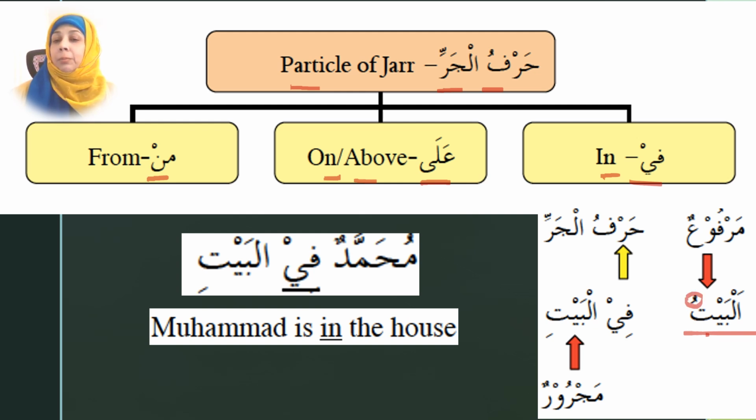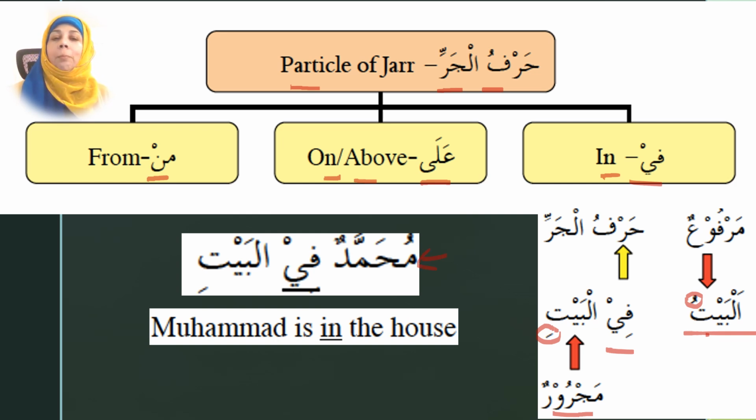But when a preposition such as fi came before it, it pulled it down from the dhamma to the kasra, and we say it is in the majrurun case. It means in the house, but this al-bayti we say is in the majrurun case, which is with the kasra ending.